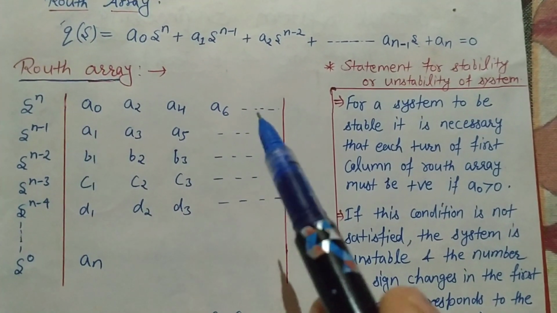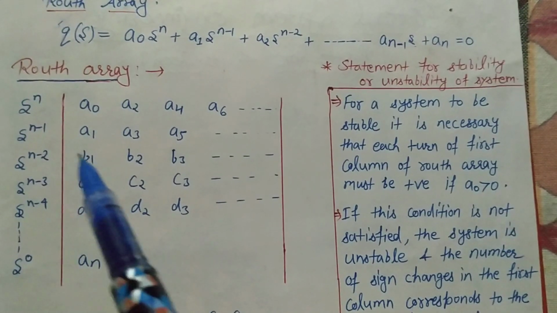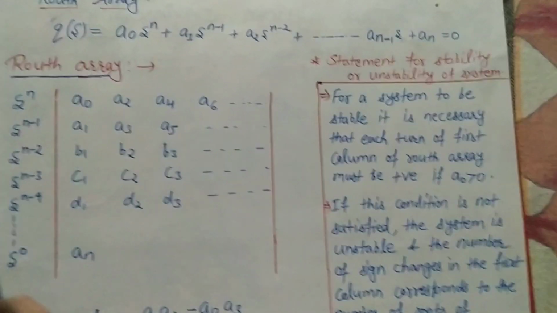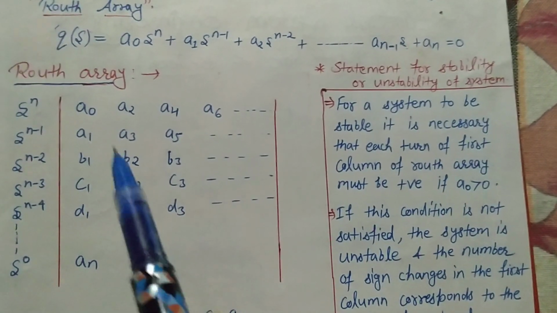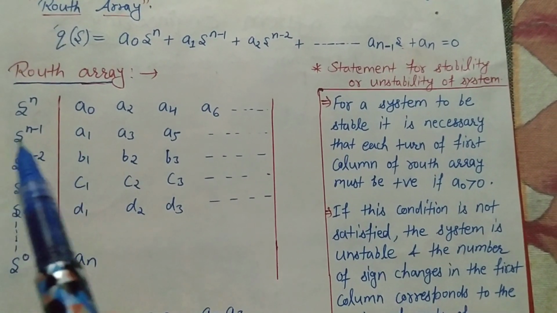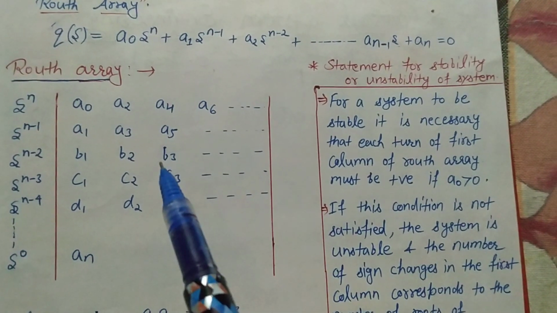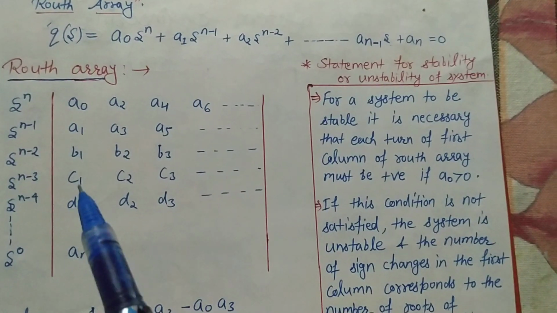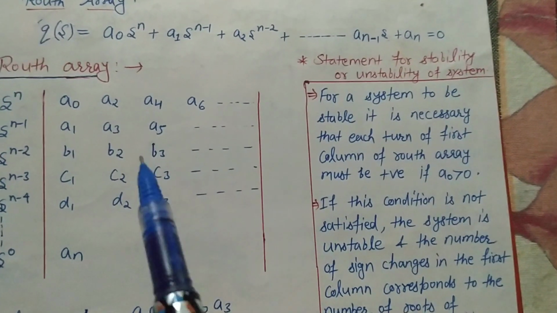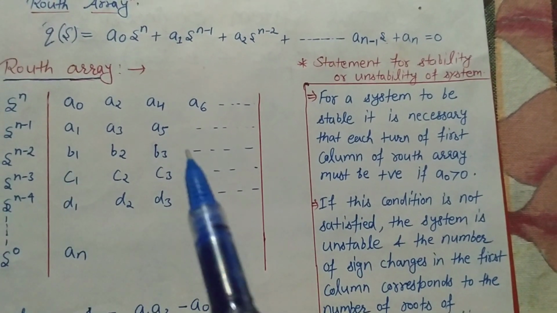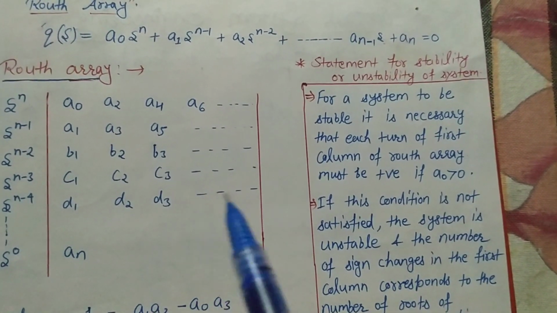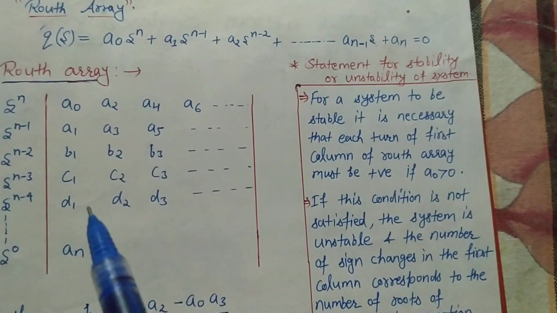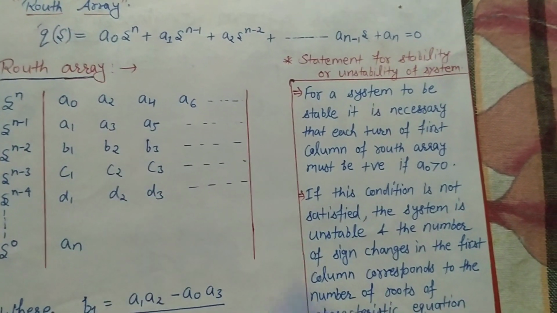Now by using row 1 and row 2, we can find out the coefficients of row 3, b1, b2, b3. And by using row 2 and row 3, we can find out the coefficients of row 4, it means c1, c2, c3. And by using row 3 and row 4, we can find out the coefficients of row 5, it means d1, d2, d3 and so on.